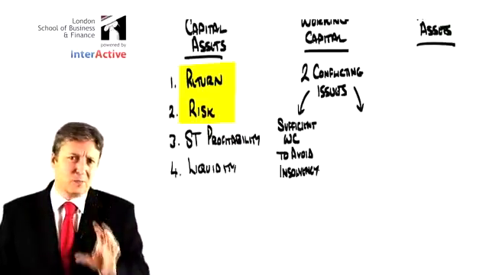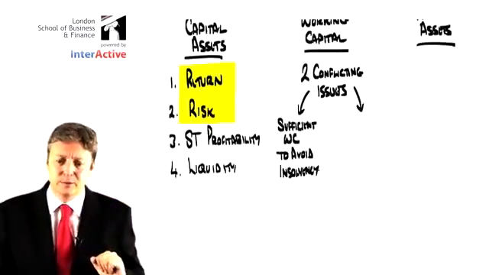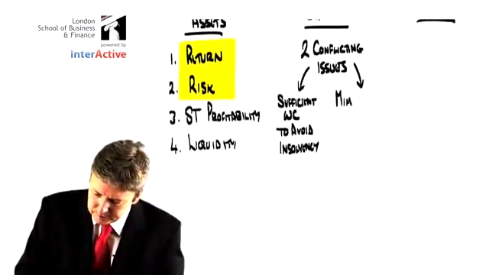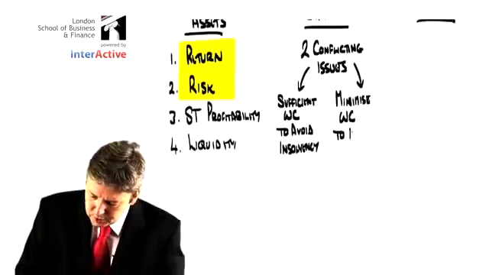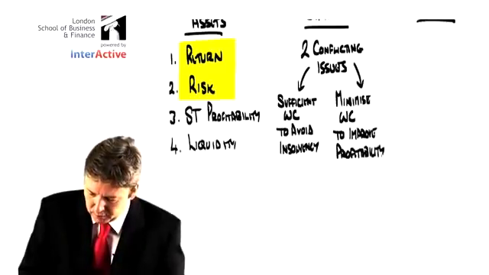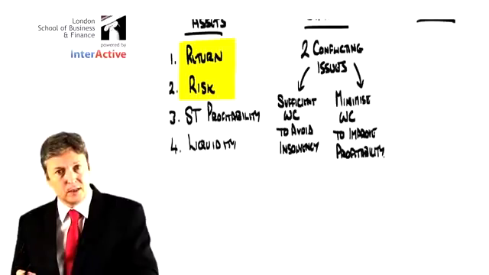And from that perspective, we want to limit the amount of working capital. We want to minimize working capital to improve profitability. In simple terms, if we have the lowest working capital, we have the highest possible profitability.